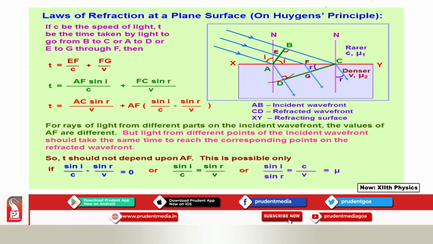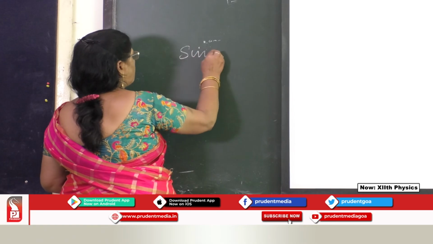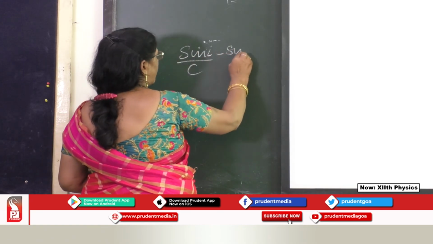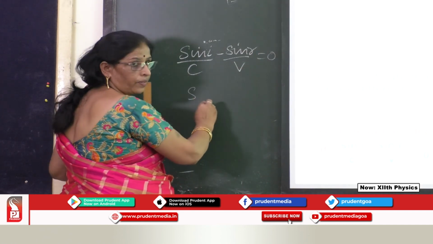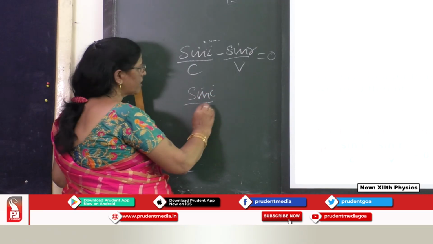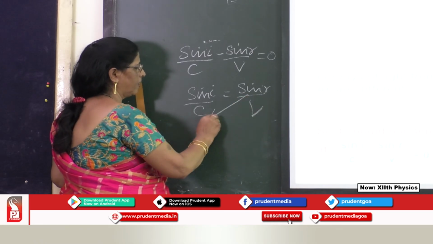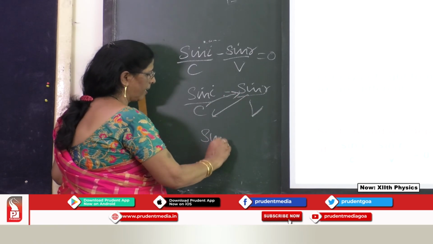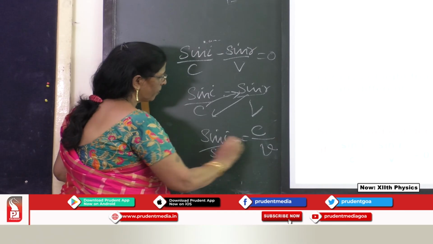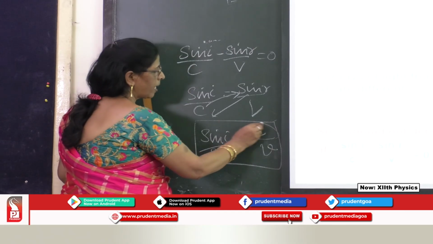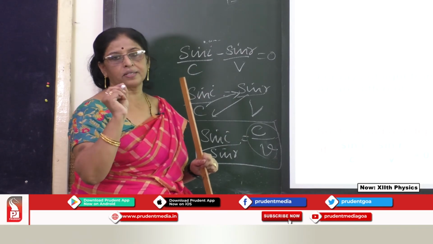Since it is equal to 0, sine I upon C minus sine R upon V equals 0, or sine I upon C equals sine R upon V. Cross multiply, take this over here: sine I upon sine R equals C upon V. C upon V is the ratio of two velocities in two different media.